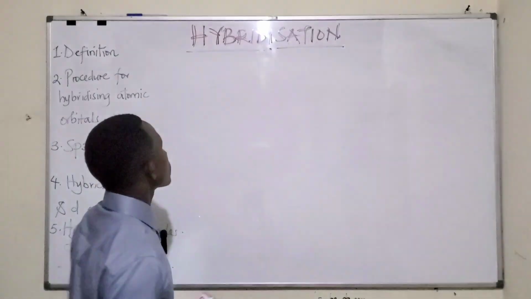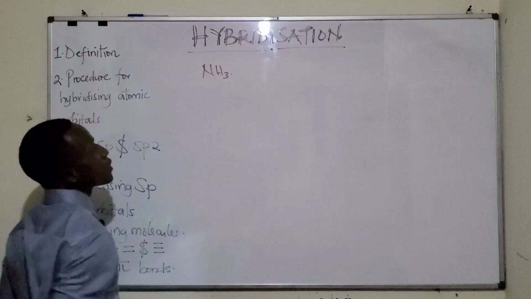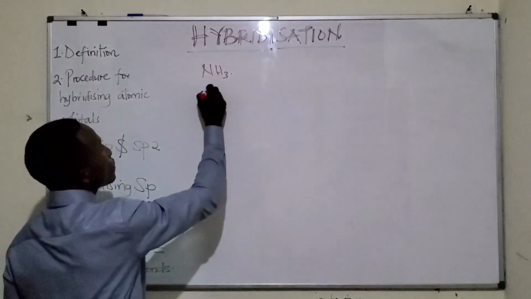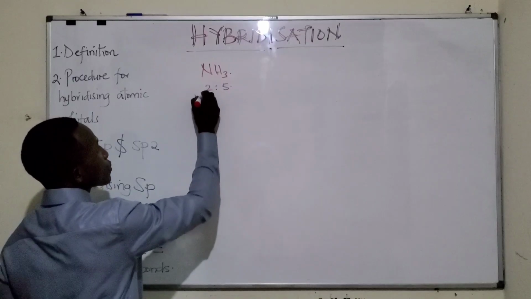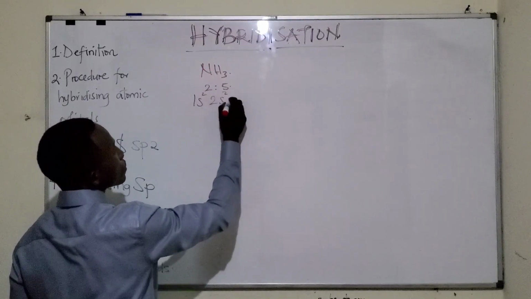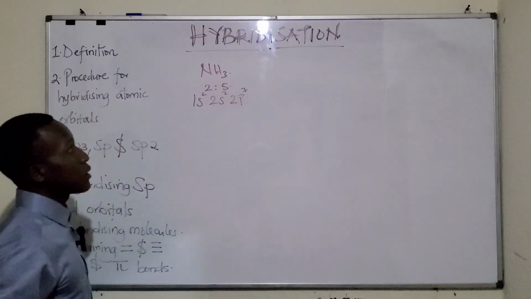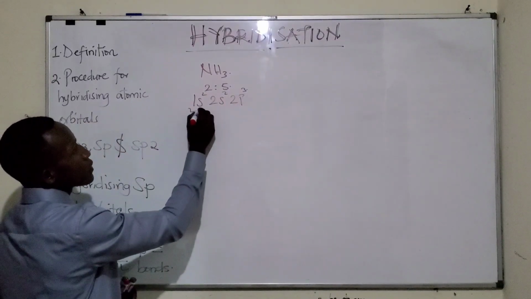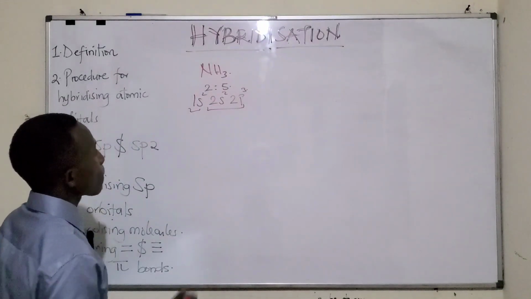Let's have another example, ammonia. Its electron configuration is 1s2, 2s2, 2p3. So this is the first shell, this is the second shell or energy level.